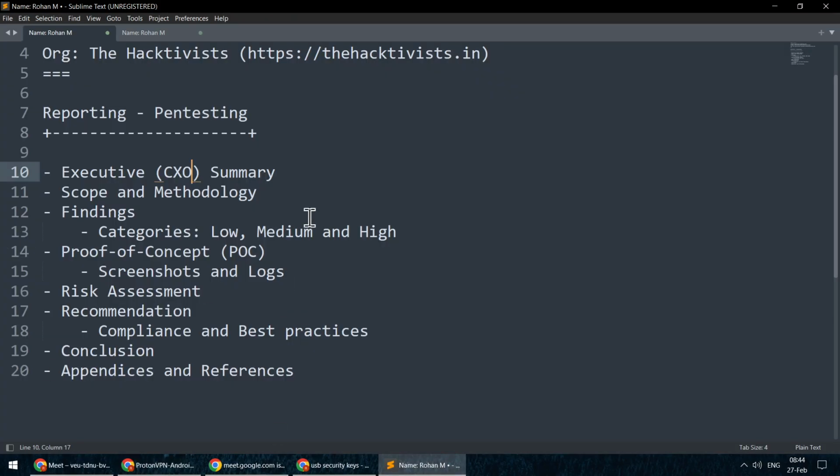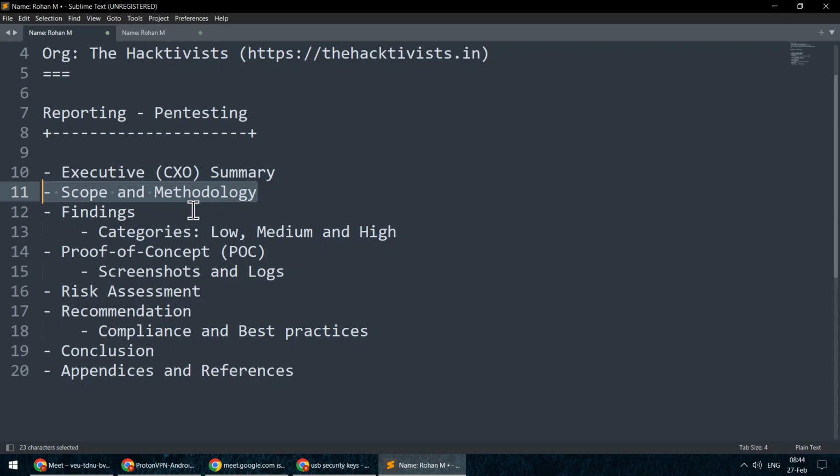So what we do, we first of all have the executive summary, then we have the scope, that these are all of the assets that we will be testing. If you have network, Android apps, iOS apps, web apps, you mention all of those things. Then the methodology, what is the vision, what is the approach, will it be leaking out any of the sensitive data, do we have to meet the regulatory demands, do we have to meet any of the compliance, what methodology will we be approaching.